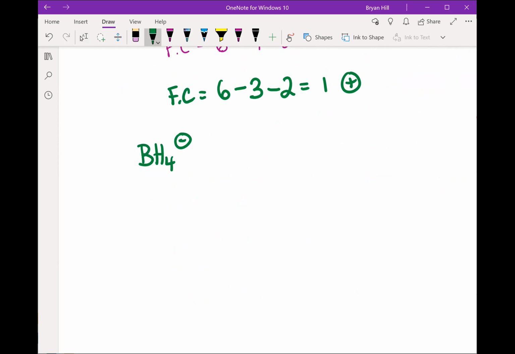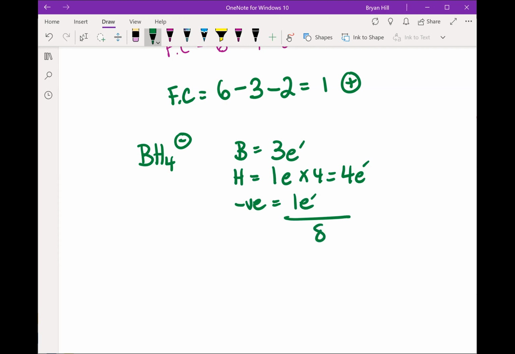Let's do the Lewis structure and the formal charge on this. Okay, so boron has got typically 3 electrons. Hydrogens have 1 electron. There's 4 of them, so that equals 4. And we've got a negative charge here, so this equals 1 electron. So our grand total is 8 electrons.